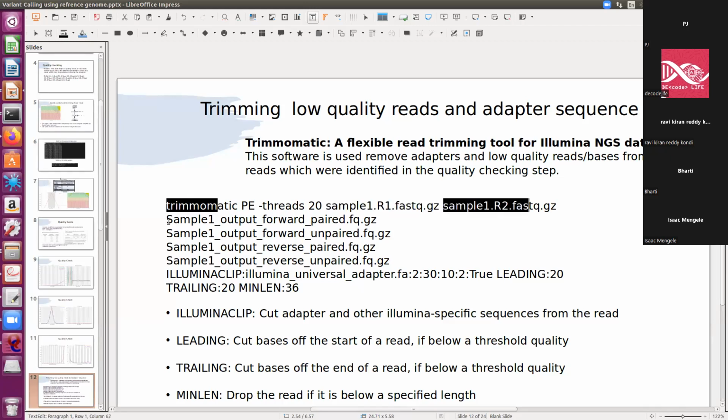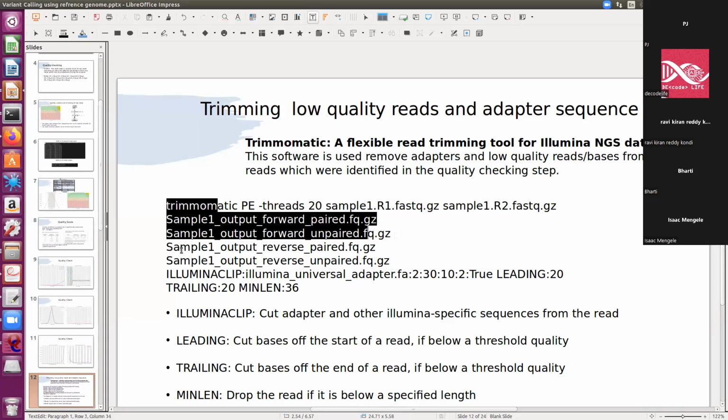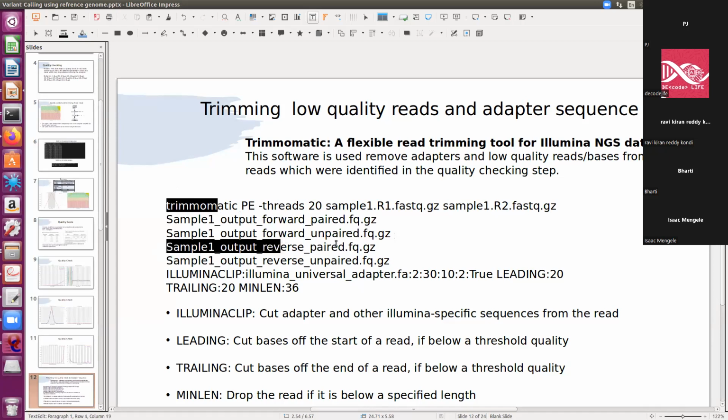You also give the output file names for the paired forward read, because it will trim and give you 4 files. One is sample 1 forward paired, another is sample 1 forward unpaired, the other is the sample 1 reverse read, the R2 read, which is paired, and also the sample 1 reverse read which is unpaired.